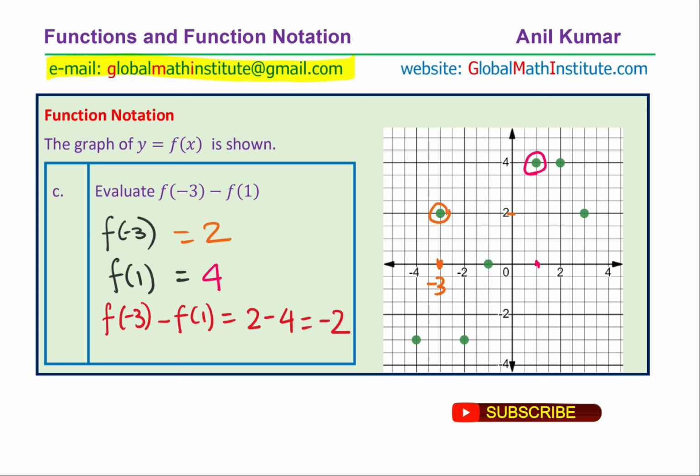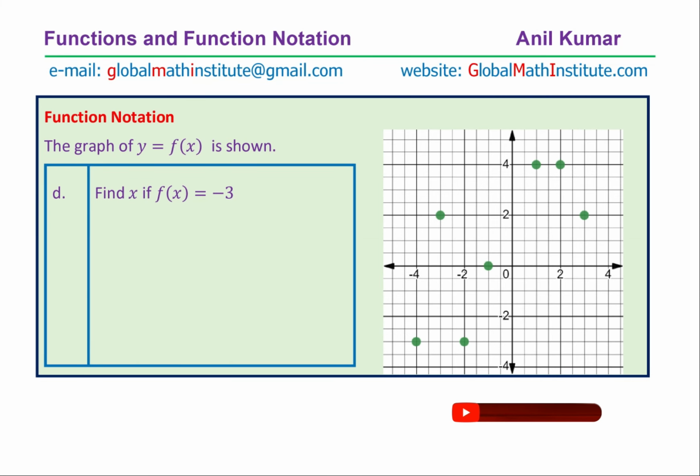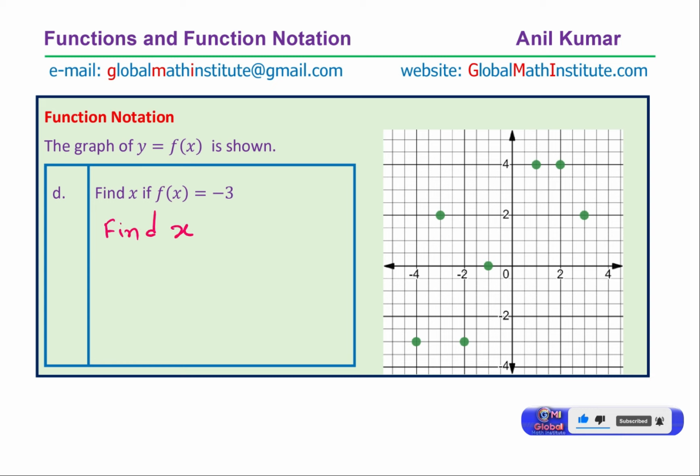Okay, so let's move on and find solution for part D, which is find x if f of x is minus 3. So this question is slightly different. It says find x, right? So we need to find x, the independent variable, right? And we are given that f of x is equal to minus 3. So the y value is given to us. F of x is the output, right?